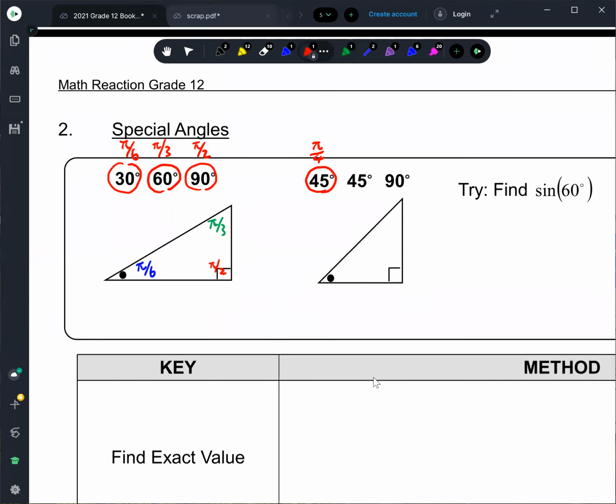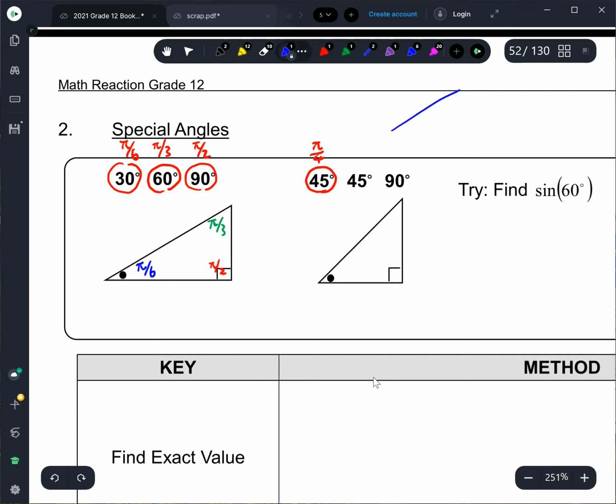Okay, so of these 3 sides, the longest side should be opposite to the pi over 2, right? Because it's the biggest angle. Think about the door, right? When you have a door, the opposite side is this length. If I open the door wider, then it should get longer. Make sense? Right?